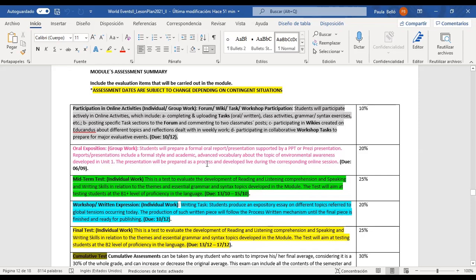As a process means you are every week doing a little bit towards that presentation. Every week we will revise what you need to do to take one step forward towards that exposition. And you will have a PPT or a presentation to support your report.